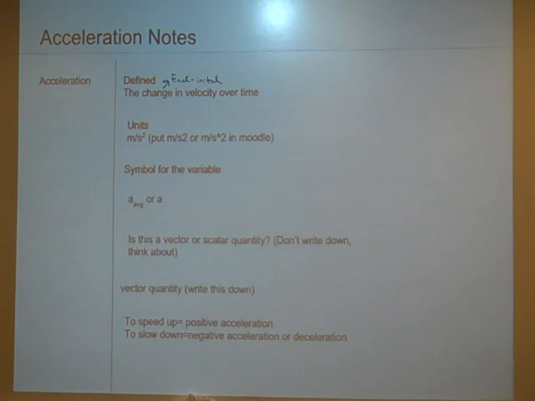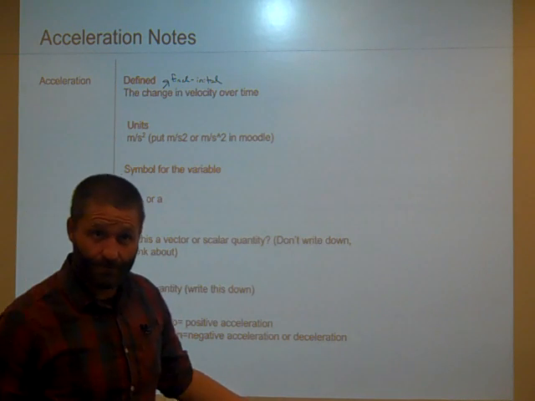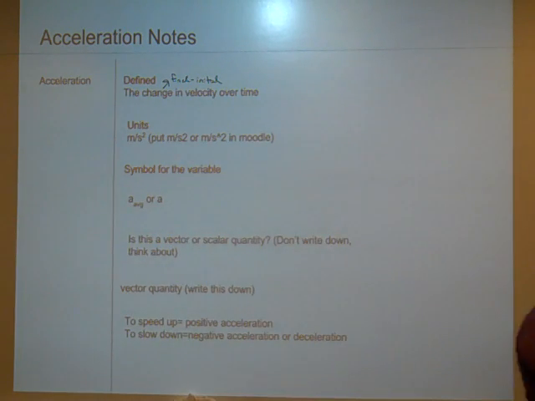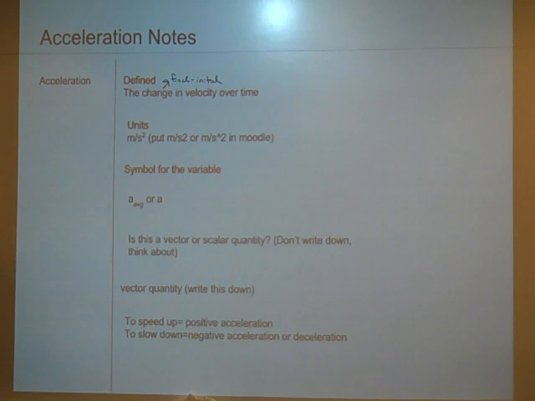Our textbooks want you to use negative acceleration, but you're going to see the word decelerate. Deceleration means to slow down. So if something's slowing down, your acceleration should be negative. If something's speeding up, your acceleration should be positive. That's a great way to check at the end. If the thing was speeding up and my acceleration's negative, I did something wrong. I probably flipped stuff. Okay?